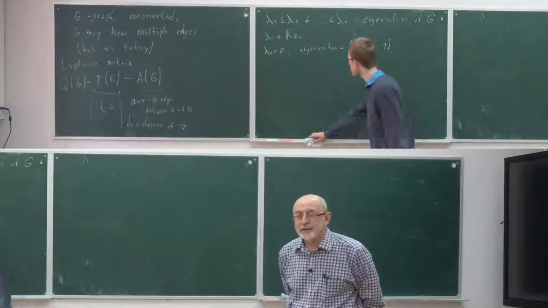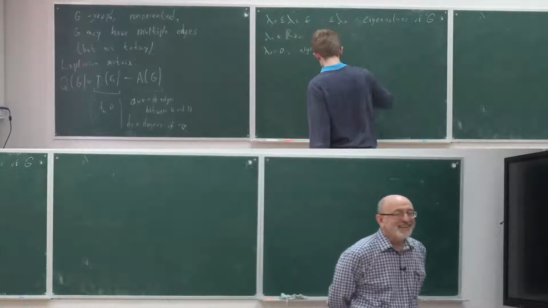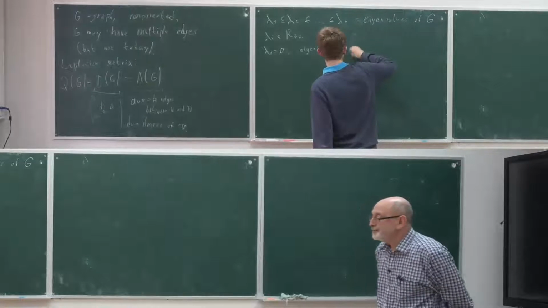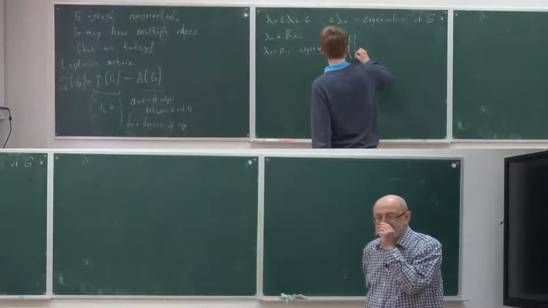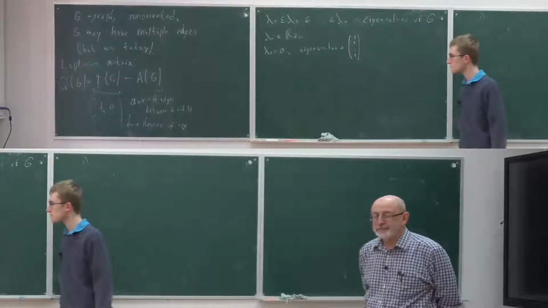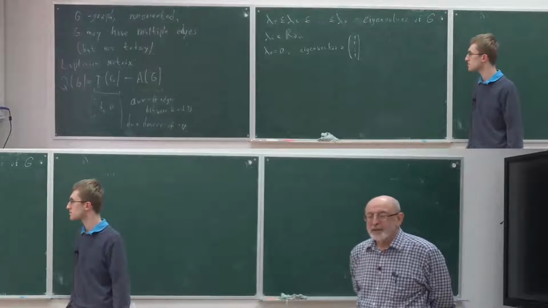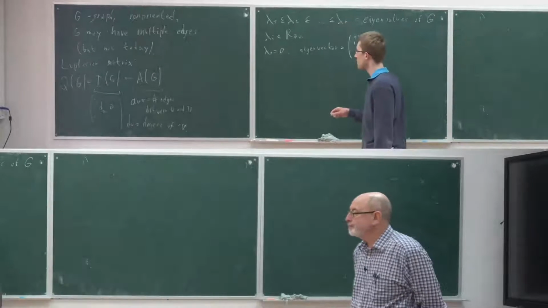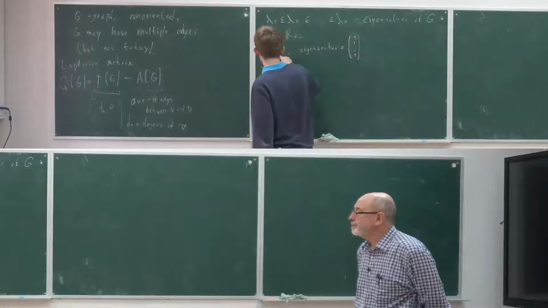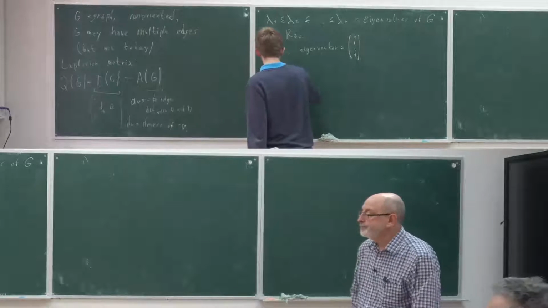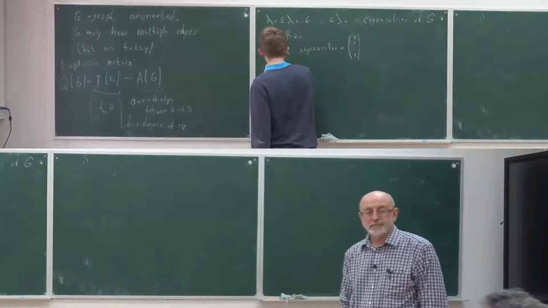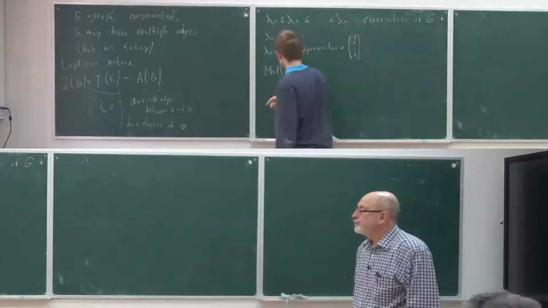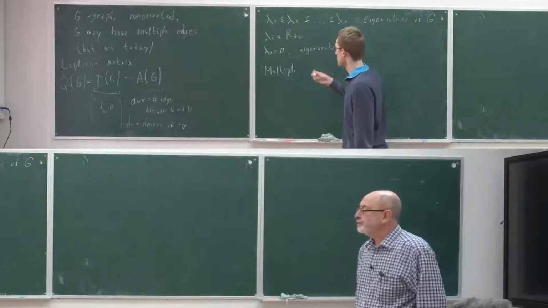Okay, yes, it makes sense. I also recall that the multiplicity of the zero eigenvalue is just the number of connected components in the graph.